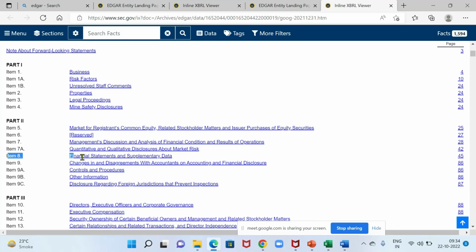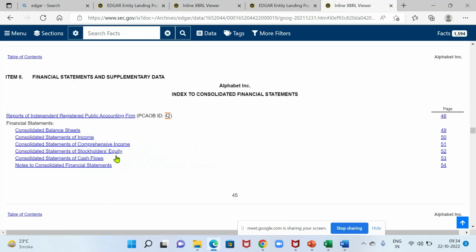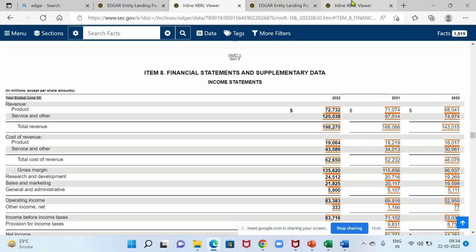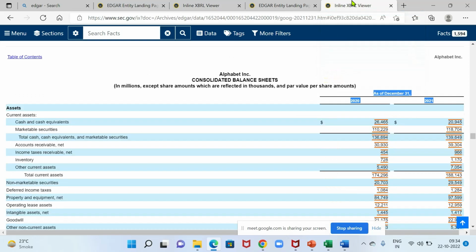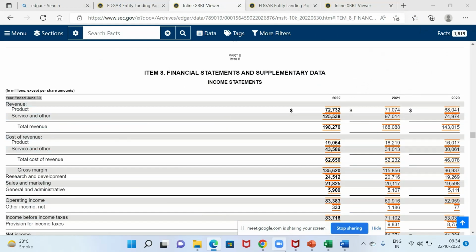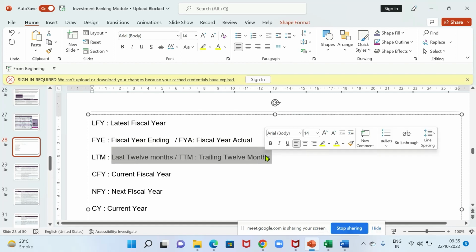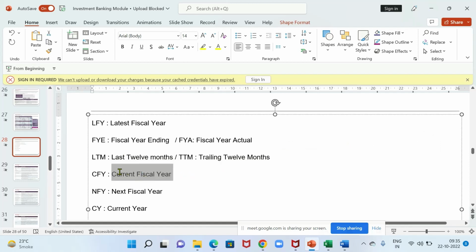All the line items for 10K are standard, so it's very easy to go directly. So it is December. Latest fiscal year for both companies is different. Apple, Microsoft and Google. Coming back to our slide, latest fiscal year for different companies will be different. Fiscal year ending and fiscal year actuals are the same. So now suppose as of June, the current fiscal year and latest fiscal year for the company are the same.